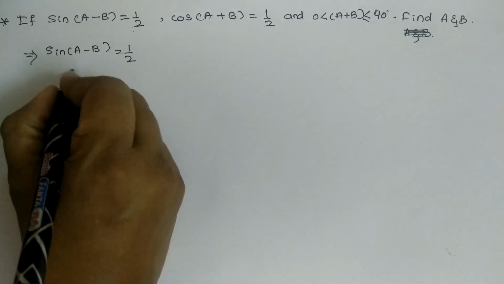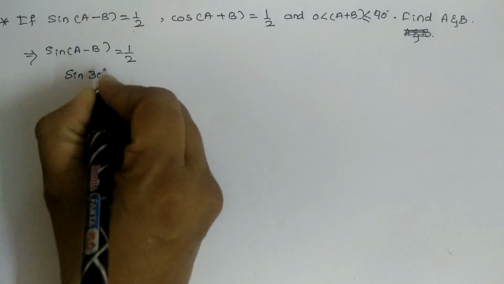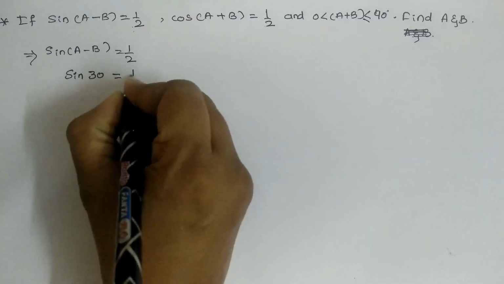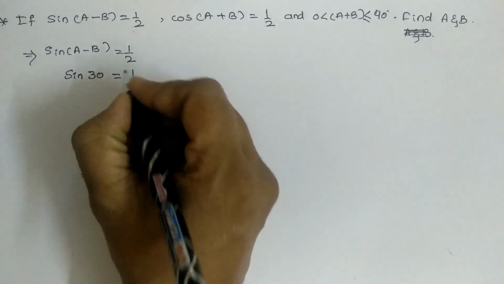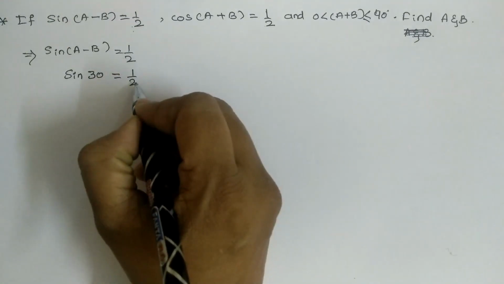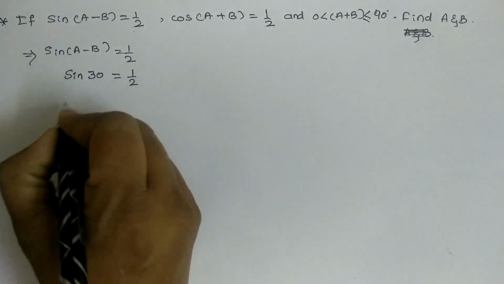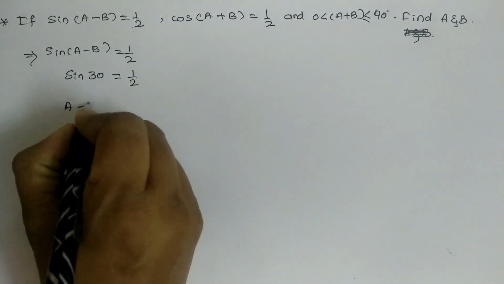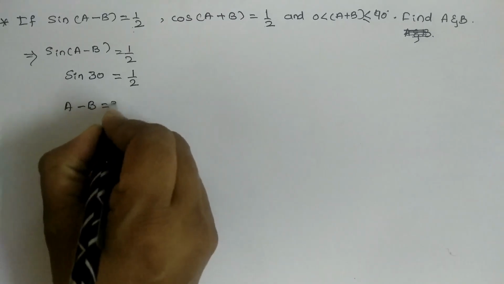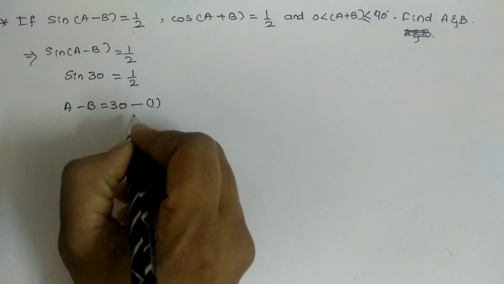That is nothing but sine 30 is equal to 1 by 2. So here we can observe both the values 1 by 2 are equal. That means the angles are also equal. So from these two expressions we can write A minus B is equal to 30. Let us call this equation 1.